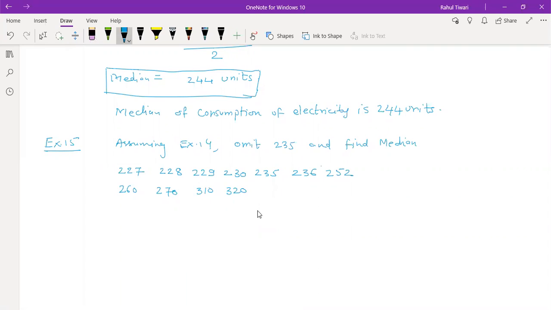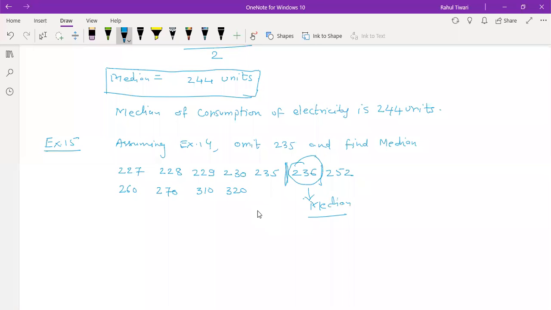If you just look directly, we have to leave 5 observations from above and 5 from below. Means you have to partition the data. So these are the five observations, and similarly from here 5 observations. So this middle value becomes your median. This is using logic.